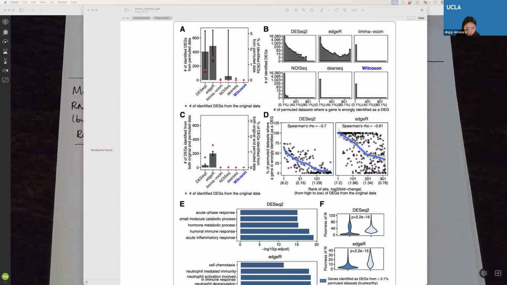This is the paper I can post to our website, so you can take a look later. But in my opinion, it's a cautionary message that when we use our methods, we cannot use them blindly. There could be ways for us to do some sanity checks, and it's important for us to do that. Otherwise, we don't know whether we can trust the result.